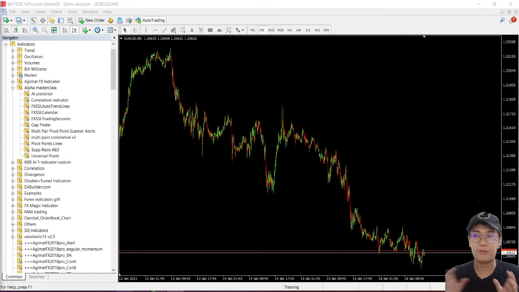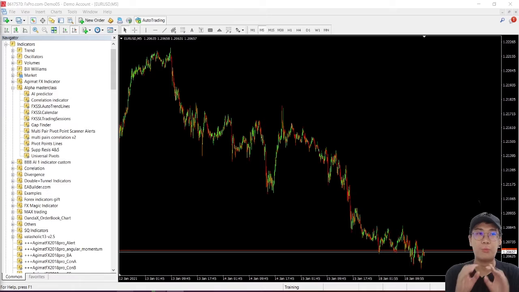So here, before I get into the exact strategy, let me do some recap. Let's recap what a pivot point is. A pivot point is a price level that has significance in technical analysis.